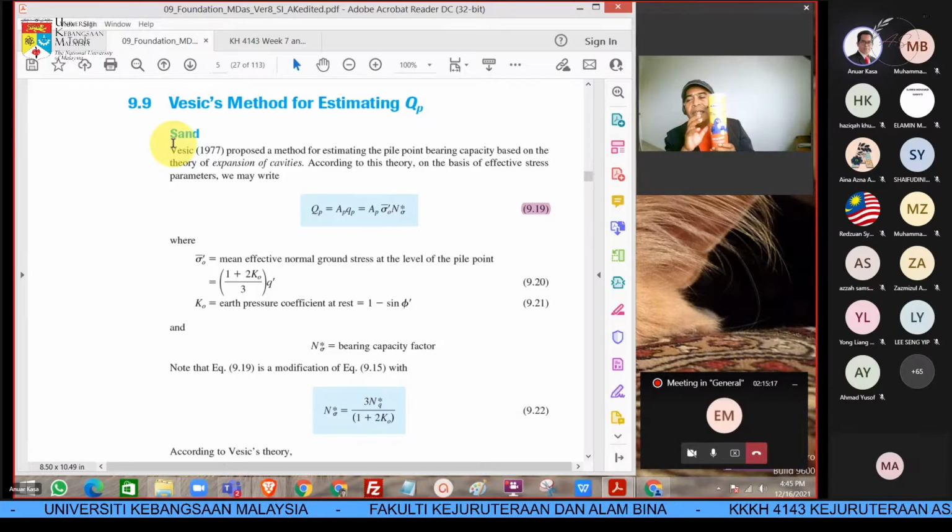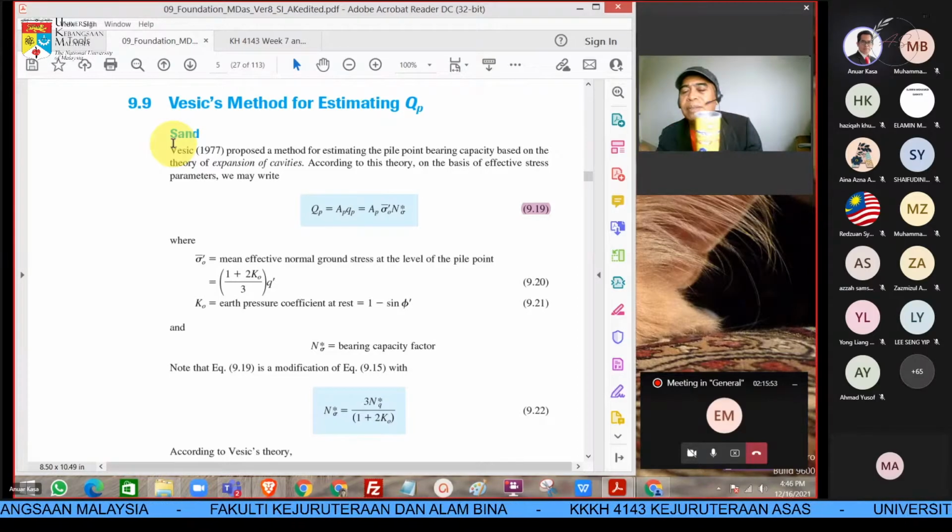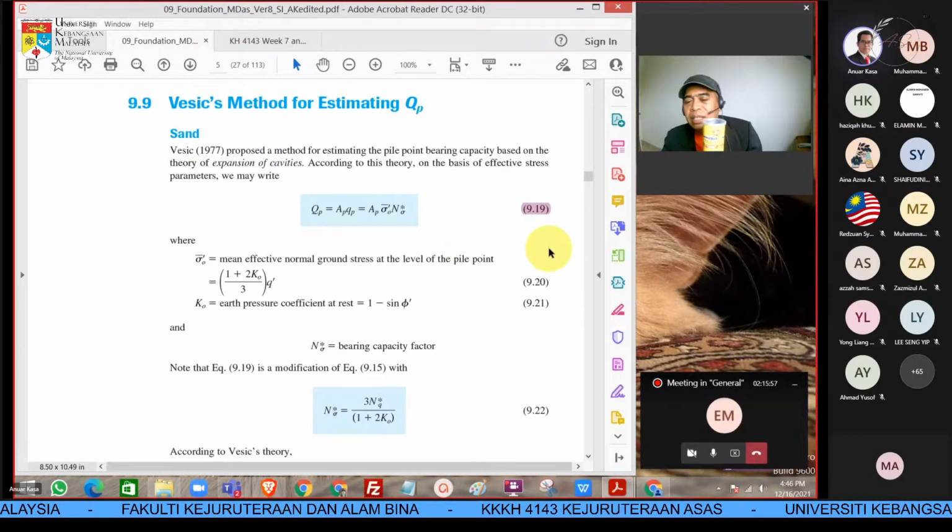We also need to consider whether there is a weak soil or a rock, so that we can socket the pile. We also need to consider whether the soil is expansive or swelling or not. So there are many things to consider before we can just use the equation given here. Here we have so many methods and definitely so many equations, even up to here there are already 19 equations.